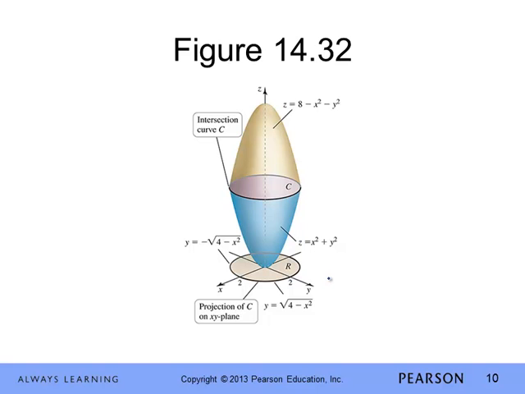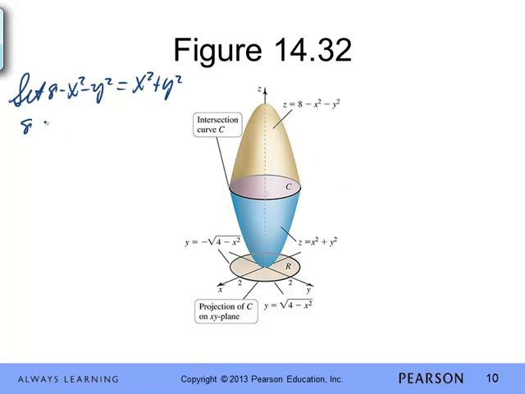All right, so the big thing that you're going to need to do is figure out what your limits of integration on the xy plane are going to be. So figure out where the two surfaces match. So you set the functions equal to each other. Set 8 minus x squared minus y squared equal to x squared plus y squared.